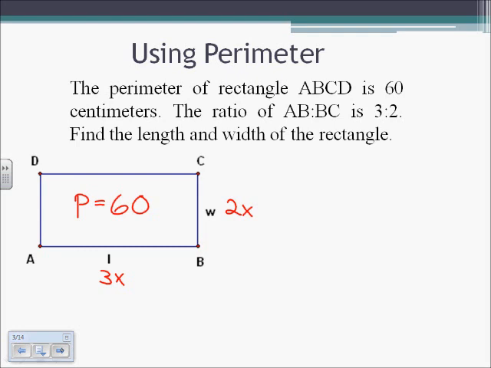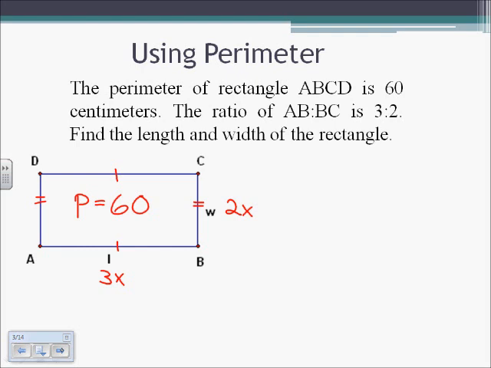So I have 3x as my side length for AB. I have 2x for my side length of CB, and I need to figure out the perimeter of the figure. The one thing I know is that rectangles have congruent opposite sides. So AB is congruent to DC, and AD is congruent to BC.